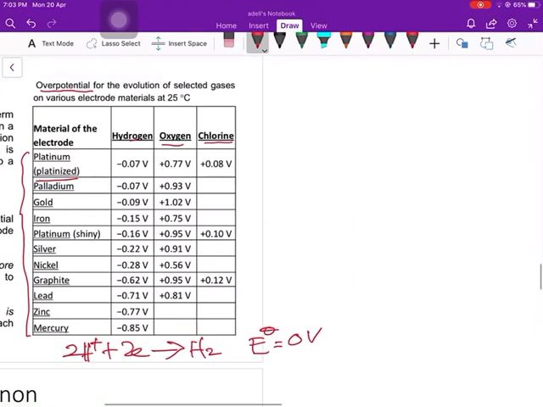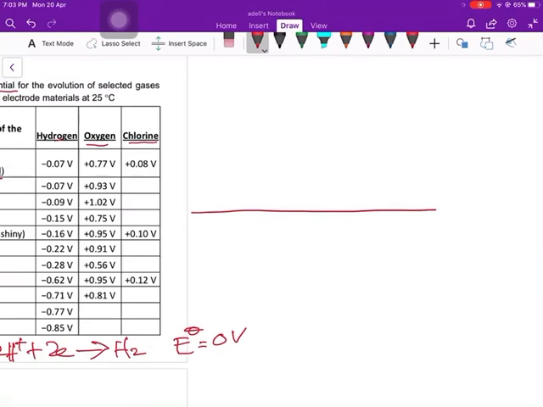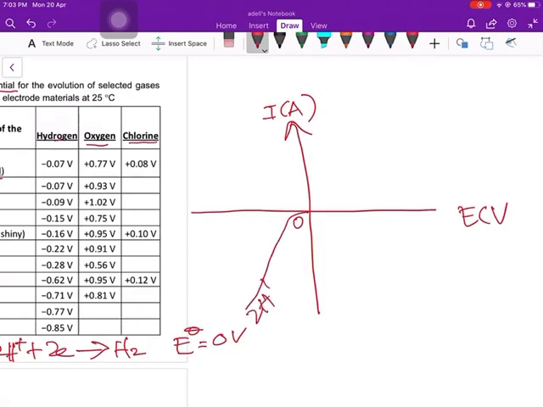But for oxygen, let's say we have this potential axis, and this is the current axis, in ampere. On solid platinum, this is 0 volt, so hydrogen will immediately form: 2H+ will produce H2.